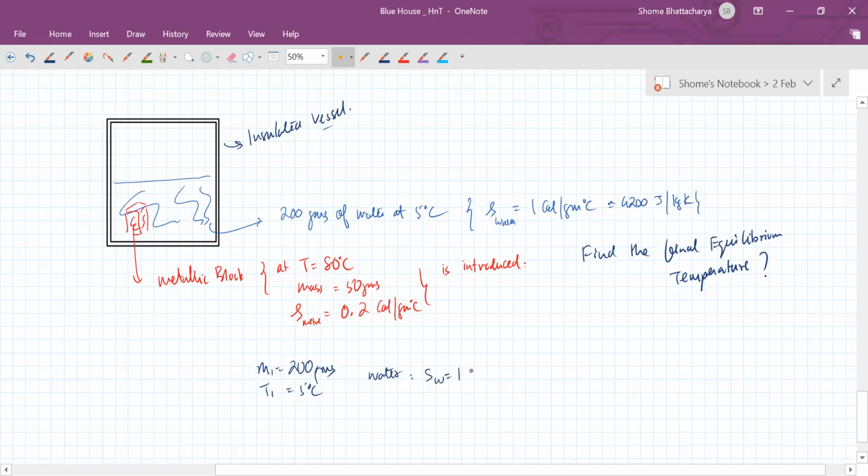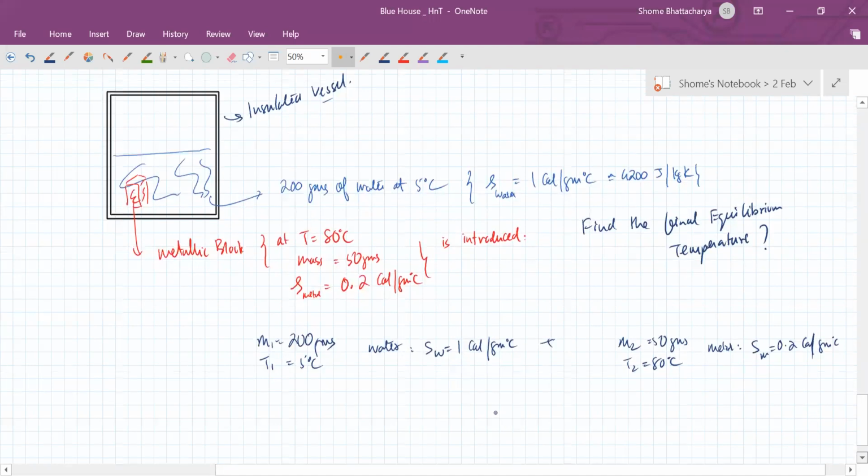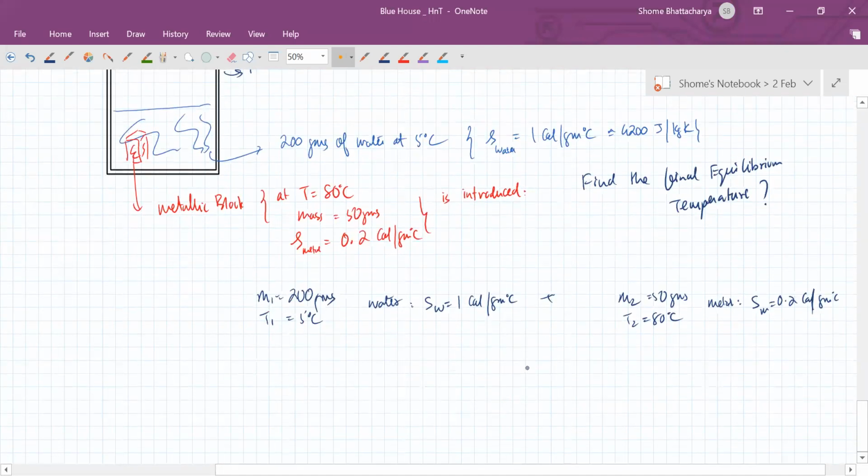Specific heat capacity of water is 1 calorie per gram degree C, plus you have a mass of 50 grams at a temperature of 80 degrees C of metal, which has specific heat capacity of 0.2 calories per gram degree C. Now let's say the final equilibrium temperature is T. Obviously T is going to be greater than 0 but less than 80.